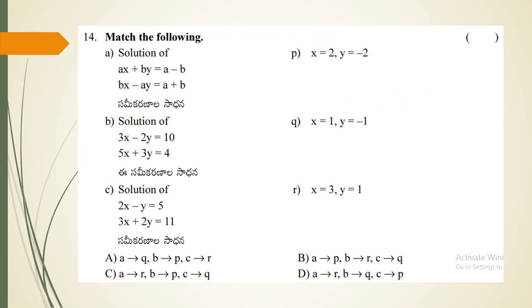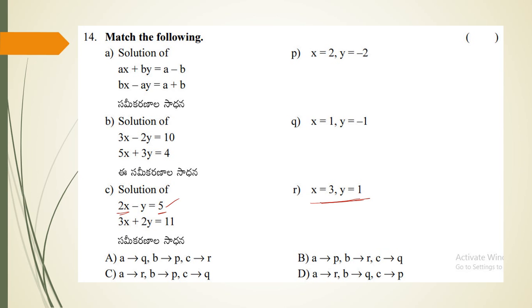Next, moving on to question number 14. In linear types of questions, since you have less time to answer the question, what you should do is just go through option verification, right? Now if you observe this, 2x minus y is equal to 5. So most probably this option will satisfy. 2 3s are 6, 6 minus 1 is 5.